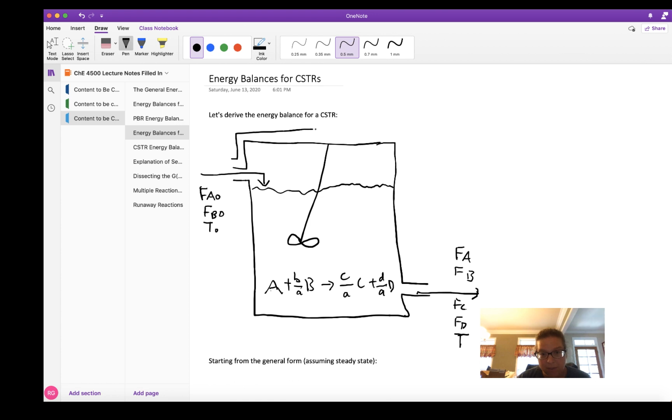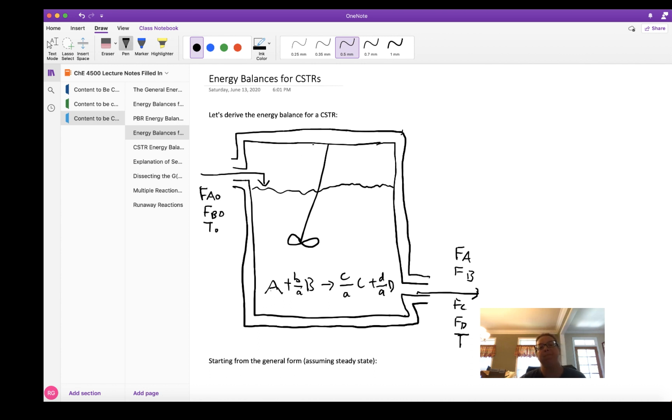So typically for a CSTR, we think about that as being a jacket. So I'm going to draw a jacket around this CSTR. So you can think about the jacket being some insulated material with some space, and the space will have some cooling fluid.